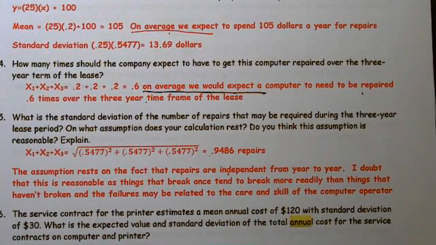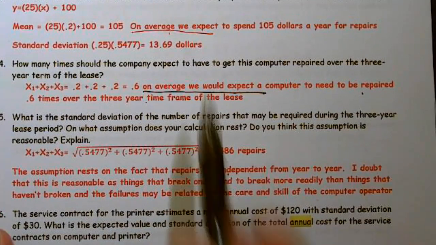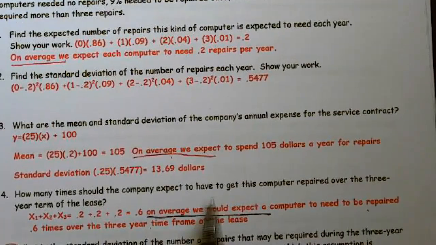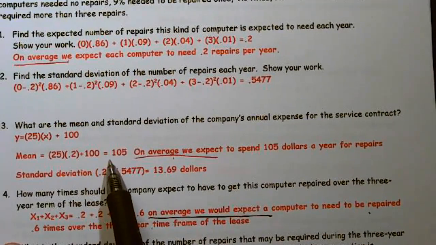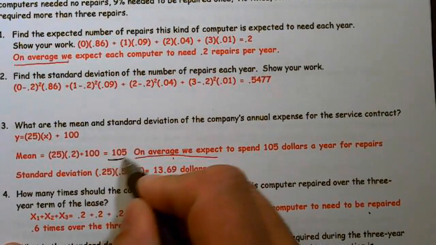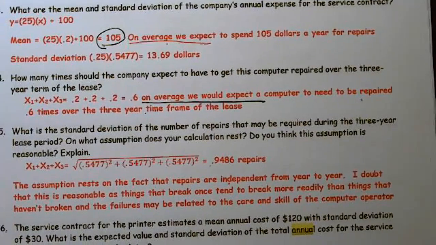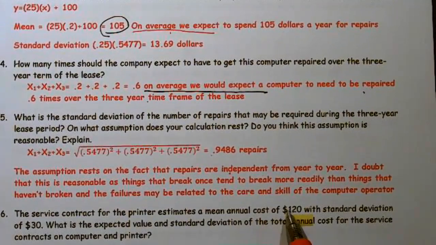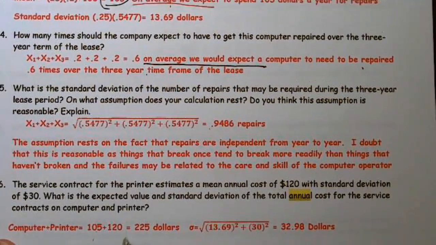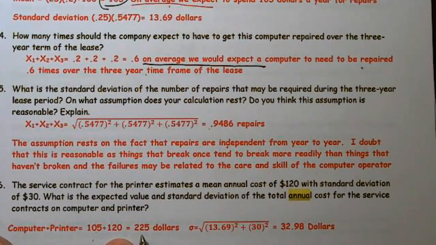Well, what was the mean annual cost for the computer? Well, up here, we said that the computer had a mean annual cost of $105. And here they're telling me it has a cost of 120. Well, I can add these two together and I get 105 plus 120 equals 225. All right. So this would be my expected cost.